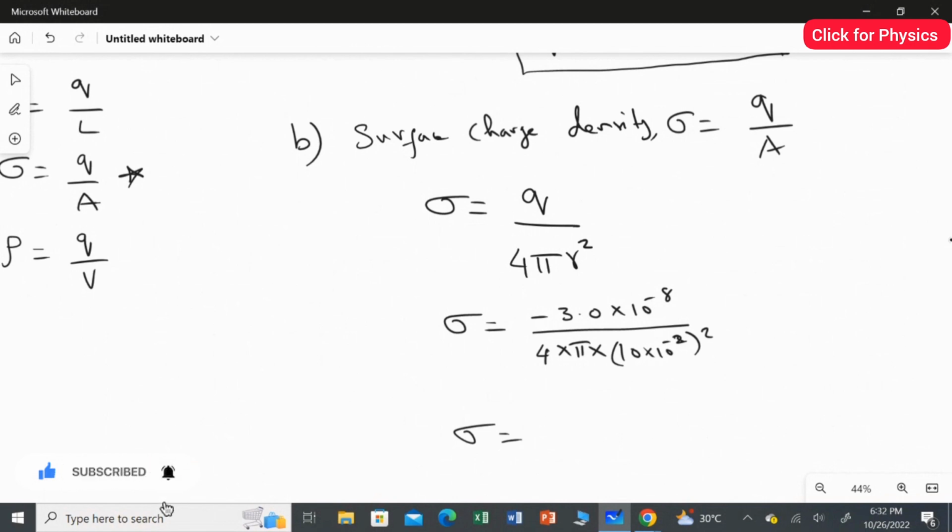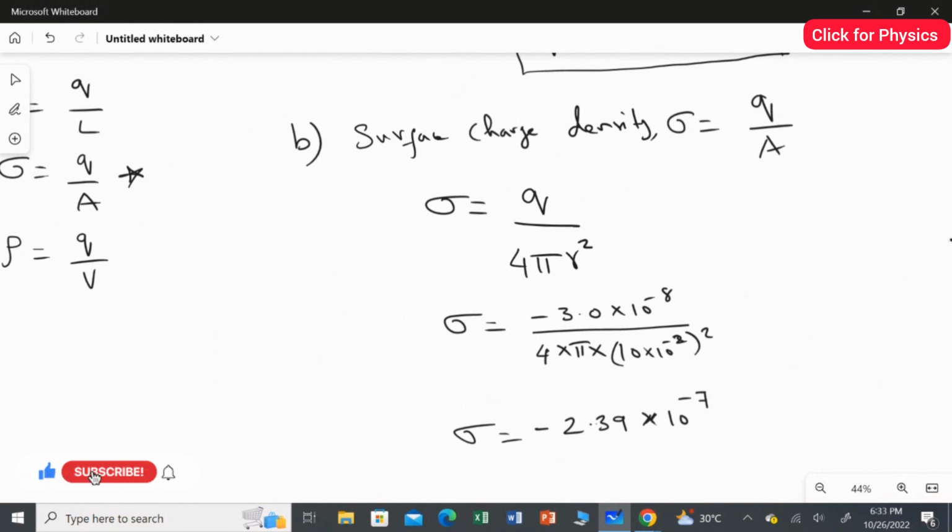Minus 3 multiplied by 10 to the power of minus 8 divided by 4 multiplied by pi multiplied by 10 to the power of minus 2 the whole square. So I got the answer as minus 2.39 multiplied by 10 to the power of minus 7.